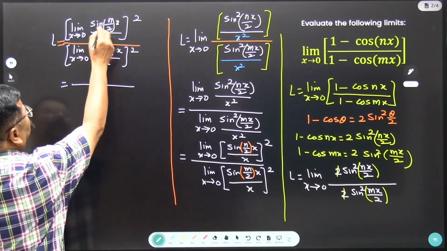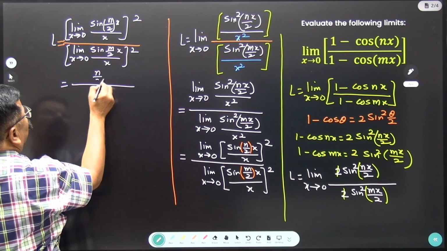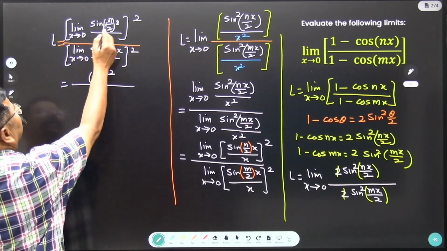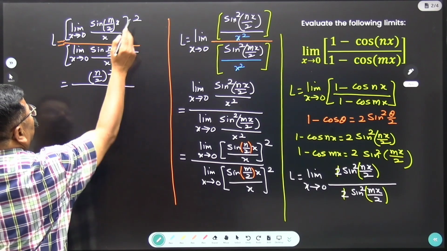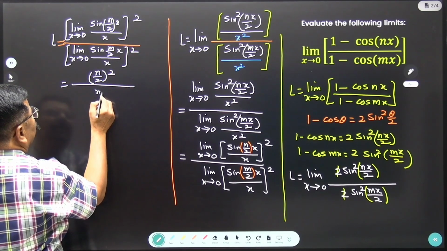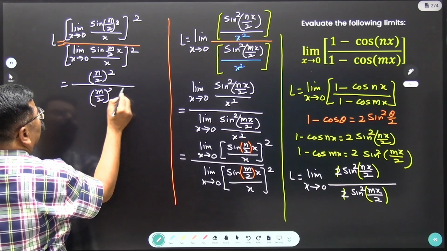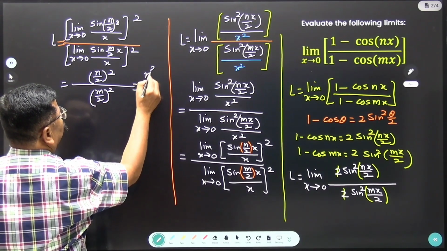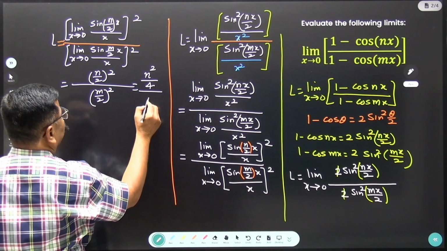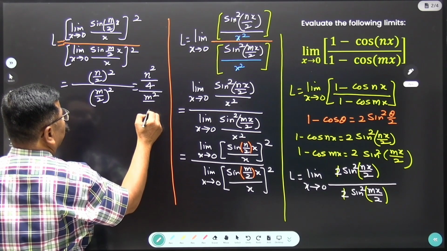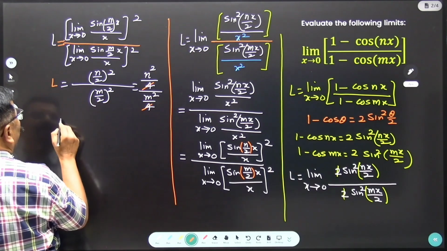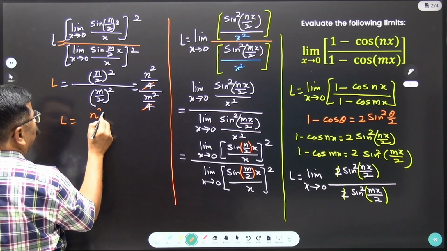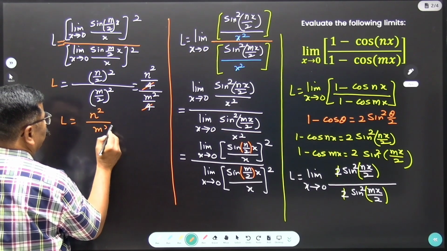Hence, the answer of the numerator is (n/2) the whole square. Here in sin kx upon x, k is n by 2, and this is whole square, therefore (n/2) whole square divided by (m/2) the whole square. This comes to be n square by 4 completely divided by m square by 4. So this 4 cancels here, and therefore the value of the limit is n square upon m square.